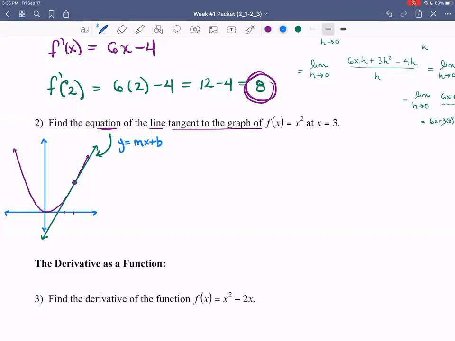So what we need to find is the m and the b. The m, the slope of that tangent line, is going to be the derivative, which we've computed before. So that would be f prime of 3. And then we need to find that intercept b. First things first, let's find f prime of 3.